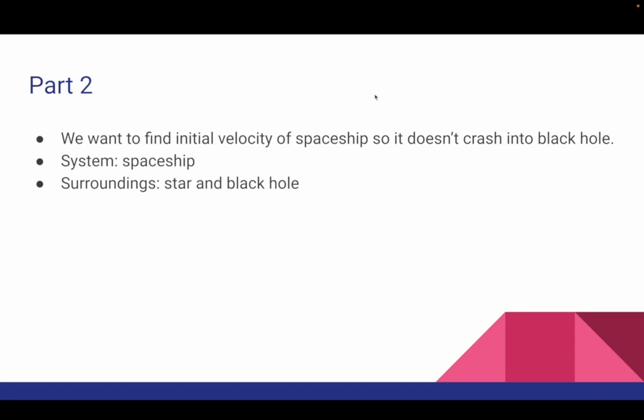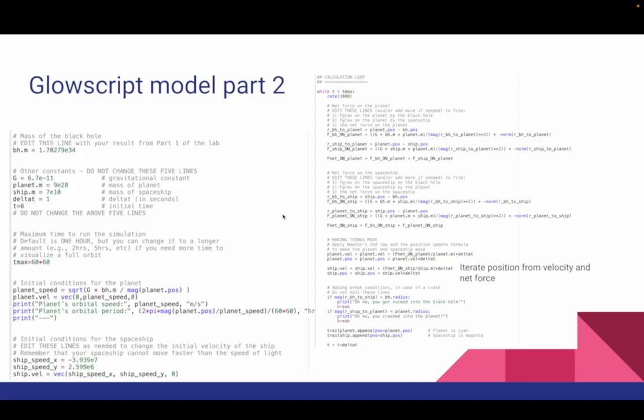So for part 2, we want to find the initial velocity of the spaceship so that it doesn't crash into the black hole. This system is the spaceship, and the surroundings are the star and the black hole. So for this, I put in my black hole mass that I got from part 1.